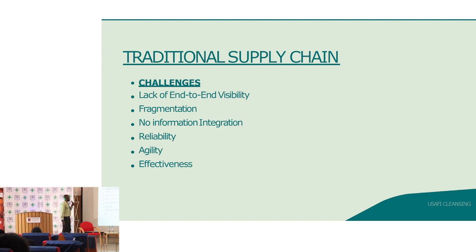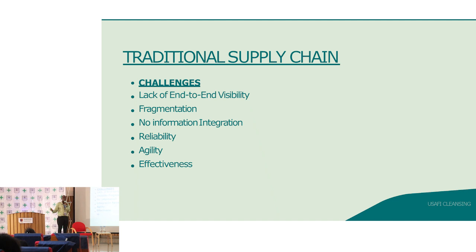So the traditional supply chain has some challenges, where there is lack of end-to-end visibility. As you can see in the traditional supply chain, there is no visibility between the manufacturers and the consumers or retailers. It's hard to deliver the information.